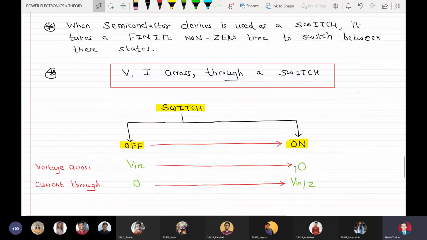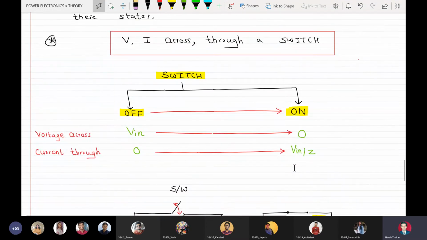So a lot of semiconductor mechanisms occur within the semiconductor device structure, so that the device now acts as a closed switch when it was acting as an open switch before. I repeat that whenever a semiconductor device is used as a switch and it transitions from off state to on state, many semiconductor mechanisms occur within the device's structure so that it goes from off to on condition.